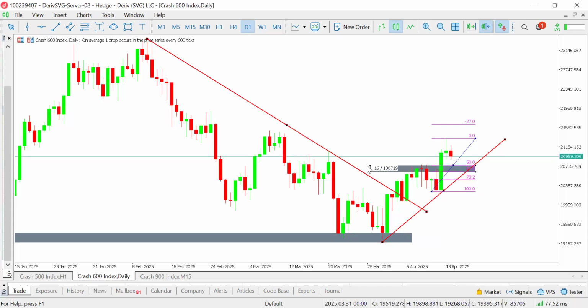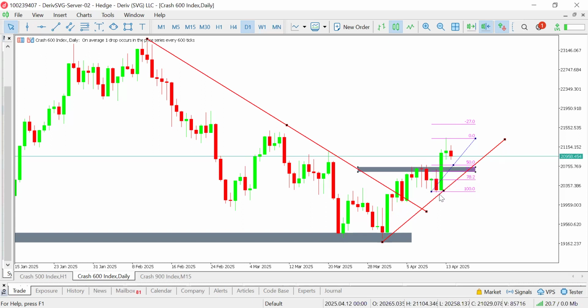Now, if we look at what I've just drawn, this zone doesn't only coincide with the trend line, probably a third touch of the trend line, it also presents us with a support point. So now we have how many confluences? We have our trend line, which already has 2 touches.